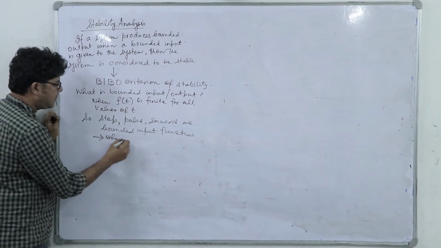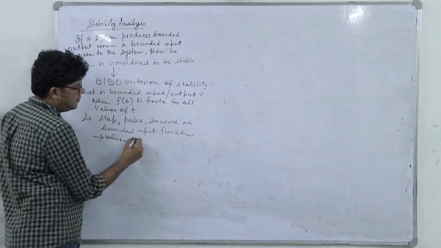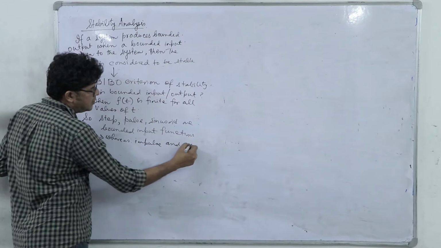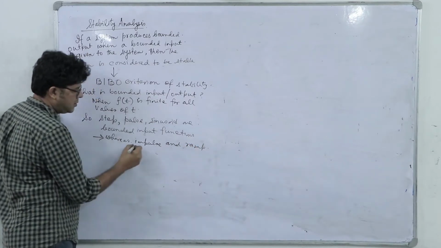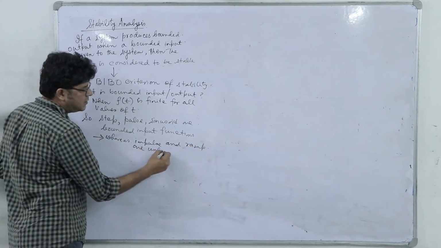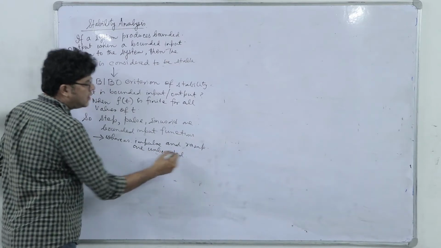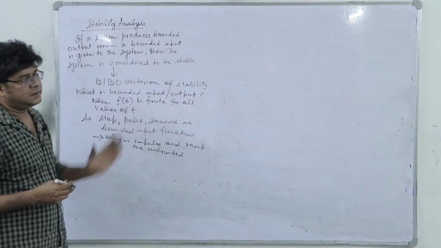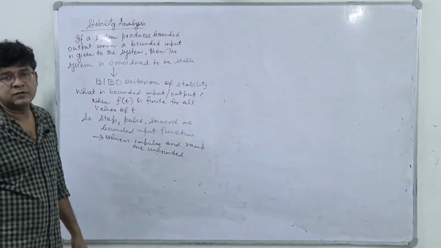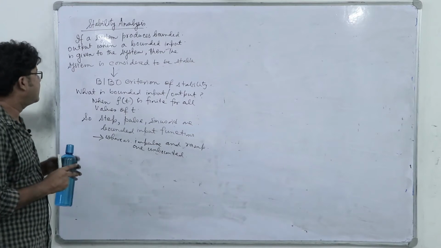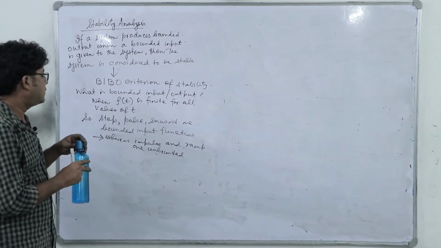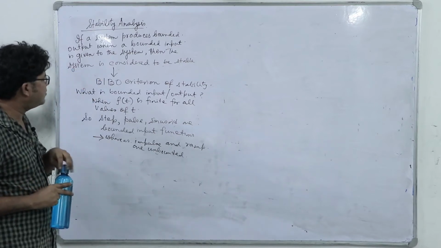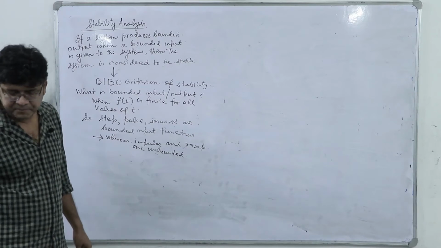Whereas impulse and ramp are unbounded, as it is obvious, because the ramp grows to infinity and this impulse function also momentarily grows to infinity and again drops to 0, right. So, this is the bounded input, bounded output stability criteria.